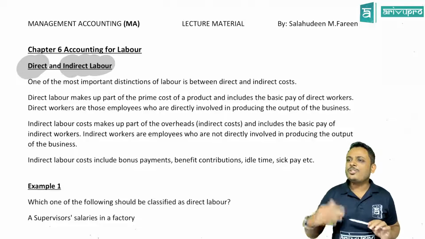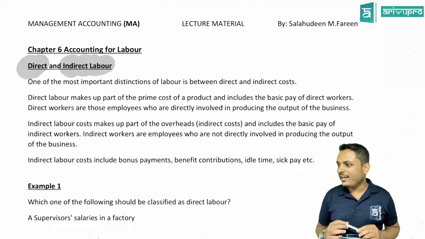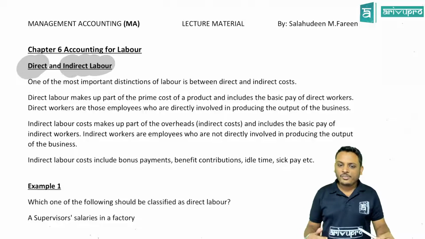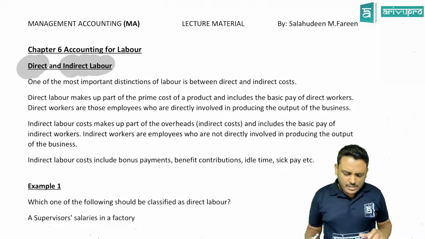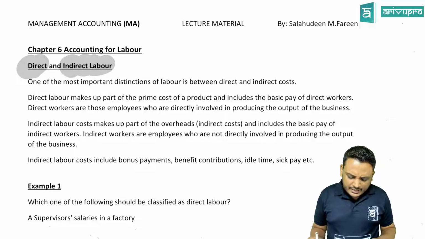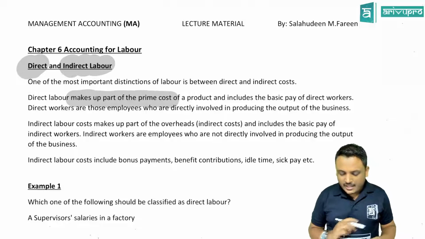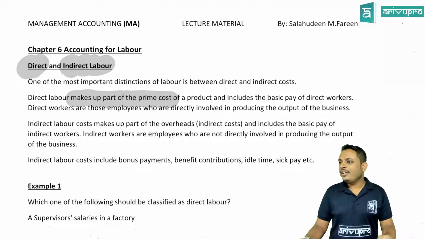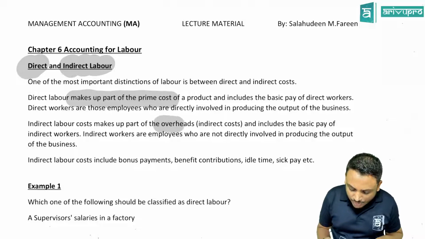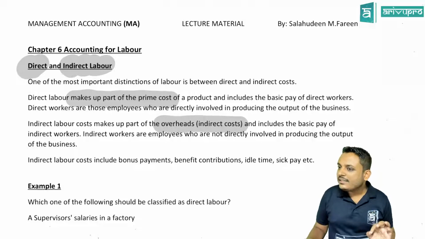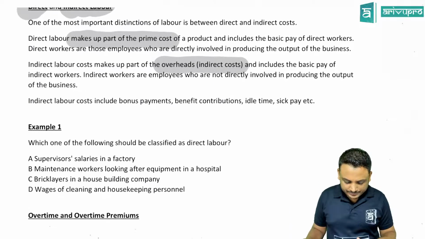People who support without being directly involved, like the factory manager and supervisor, their labor cost is indirect cost. Direct labor cost is a part of prime cost and indirect labor is a part of overhead cost. Clear? Now do this question, example number 1.